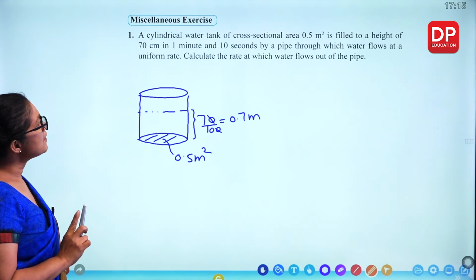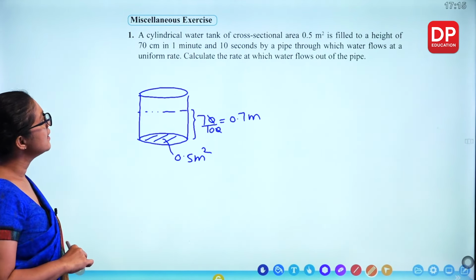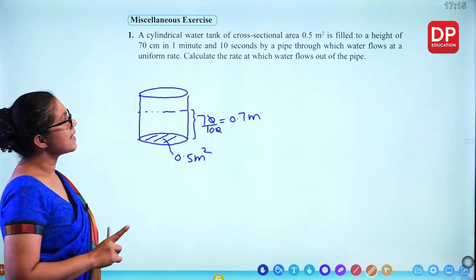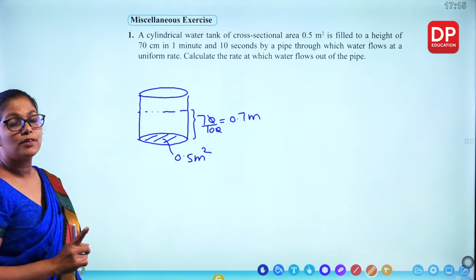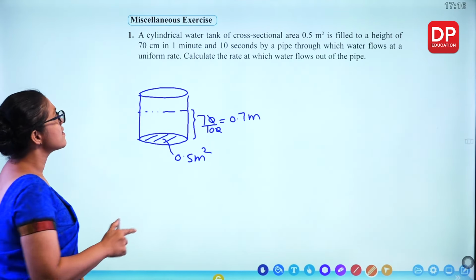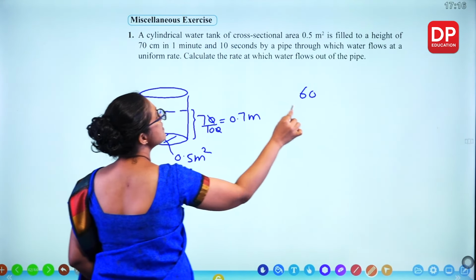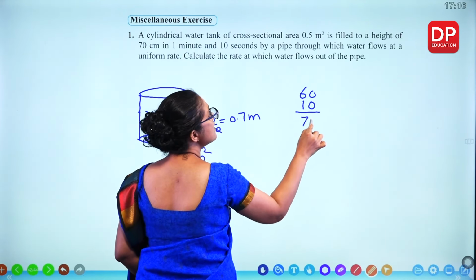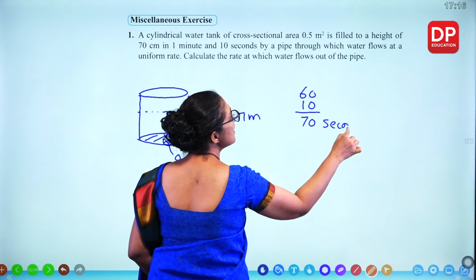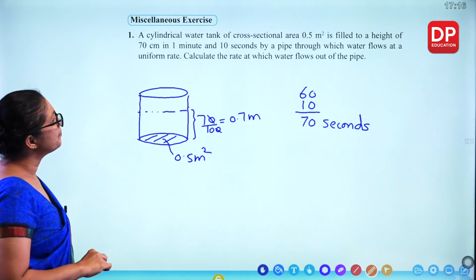So what's the time taken to fill this up to this point? 1 minute and 10 seconds. So you can convert to seconds. 1 minute means 60 seconds and this 10 seconds, altogether 70 seconds to fill the tank up to this point.